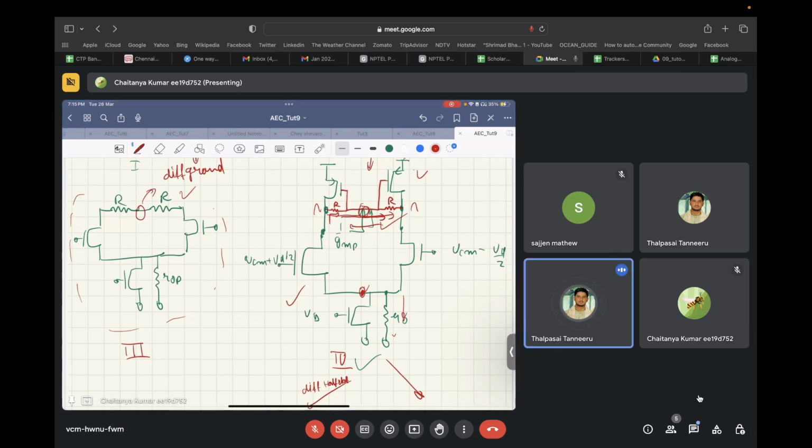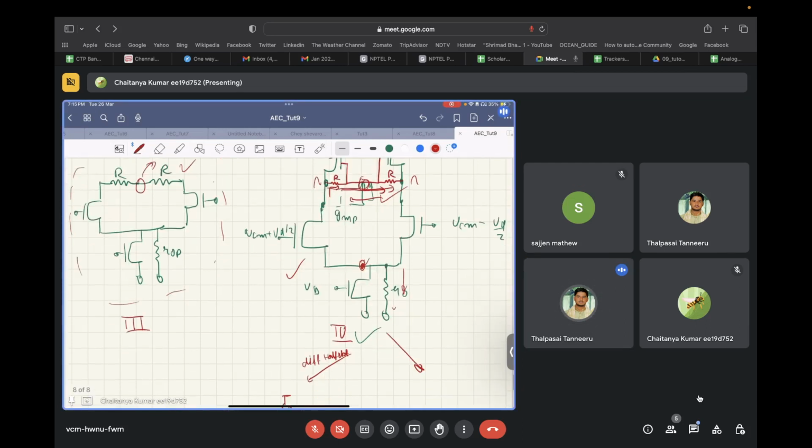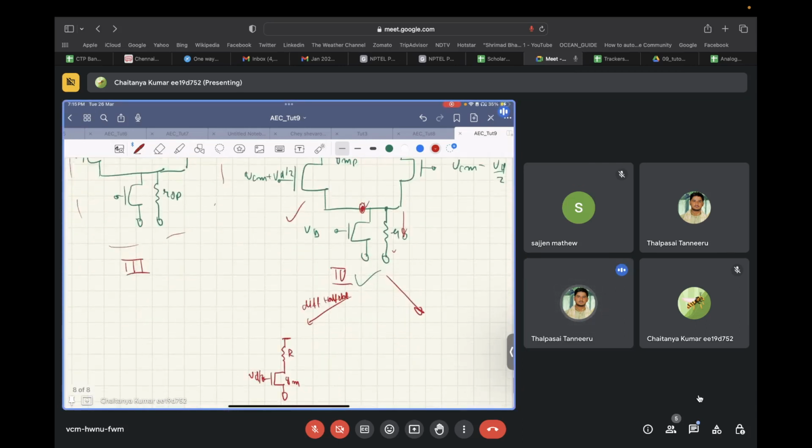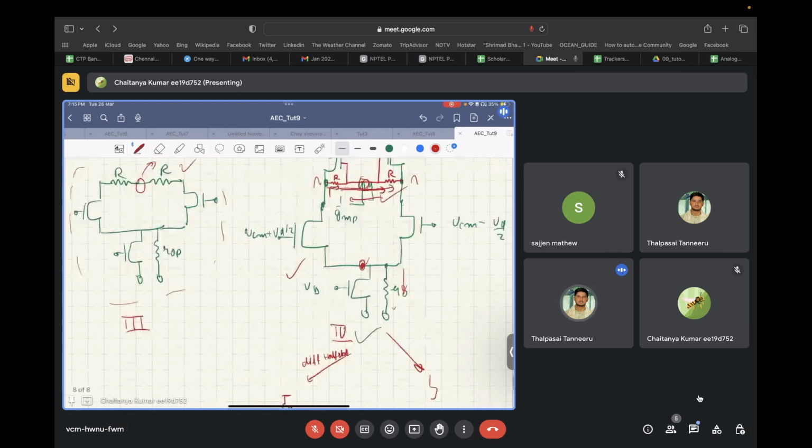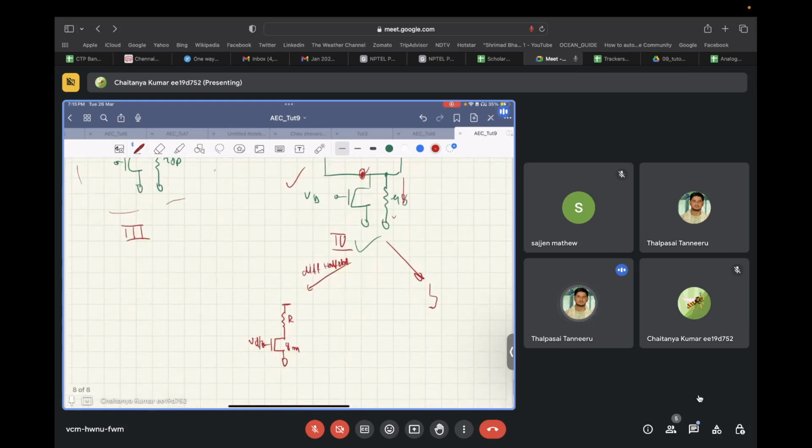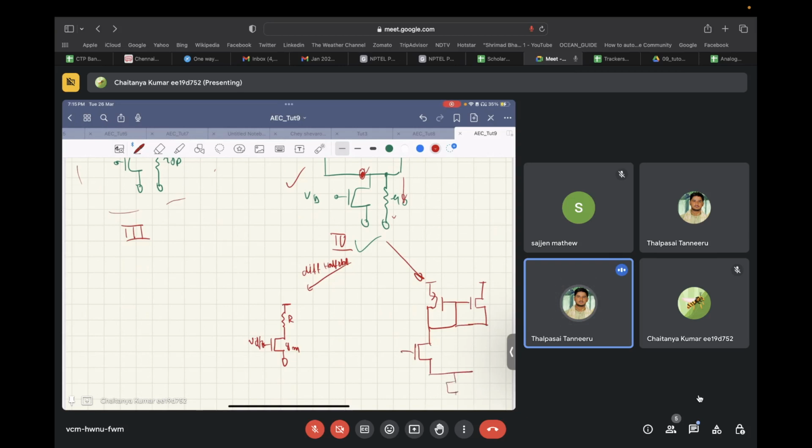If no current is flowing through the resistor, it is as good as this thing over here. Correct?